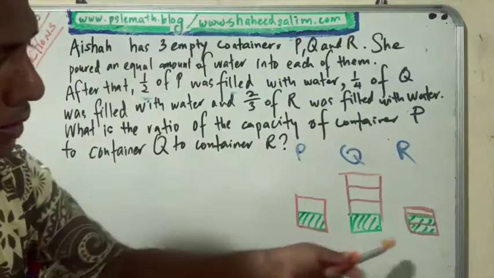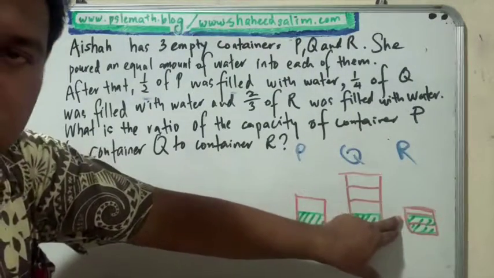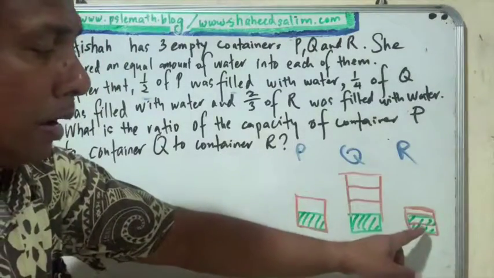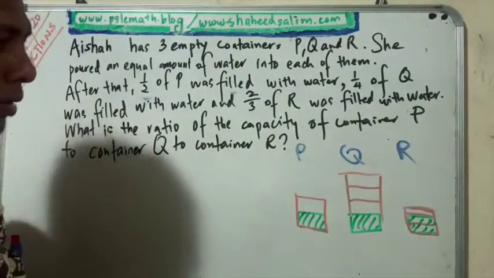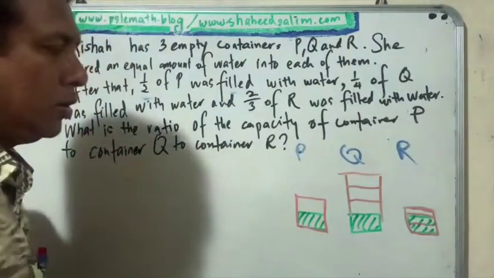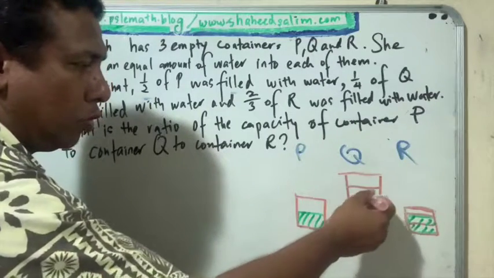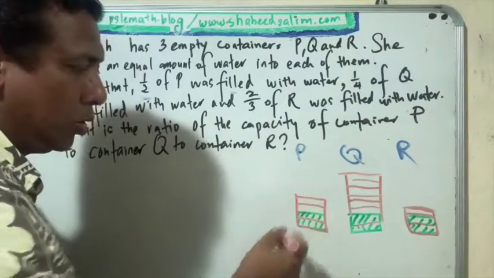Now this 1 unit is broken into 2 units here. So I want to standardize to make sure that all of them are of the same sized units. And so the only way to do it, or the best way to do it, is to divide all of them into 2. All the bigger unit into smaller units.